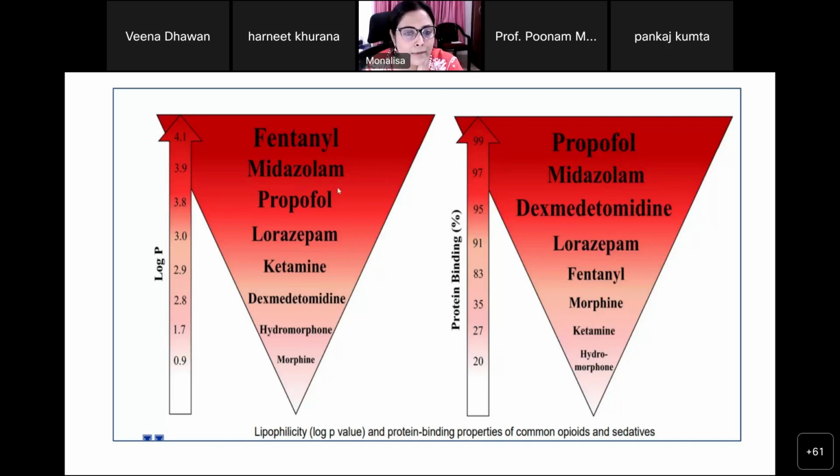And coming down, it's fentanyl, midazolam, propofol, lorazepam, ketamine, dexmedetomidine, hydromorphone, and morphine. Similarly, in protein binding: propofol, midazolam, dexmedetomidine, lorazepam, fentanyl, morphine, ketamine, and hydromorphone. So we need to keep these things in mind before starting these drugs, and how the pharmacokinetics of these drugs is going to be affected by ECMO and critical illness.